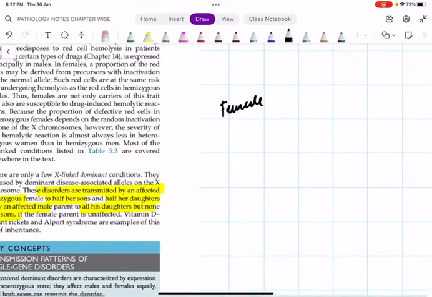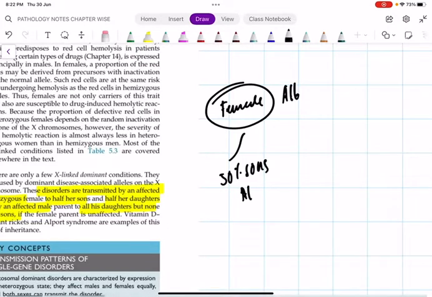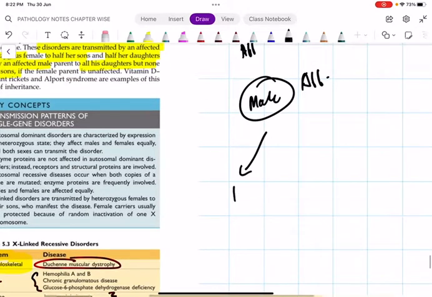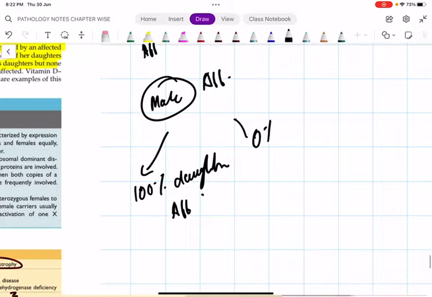Female is affected: 50% of sons will be affected, 50% of daughters will be affected. At the same time, if a male is affected, 100% of daughters will be affected, whereas 0%, that means sons, not affected.